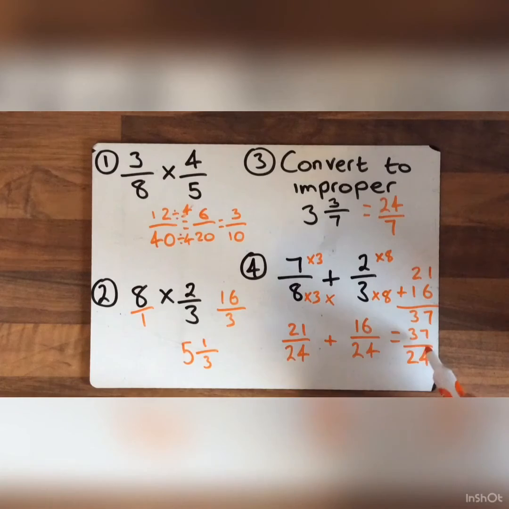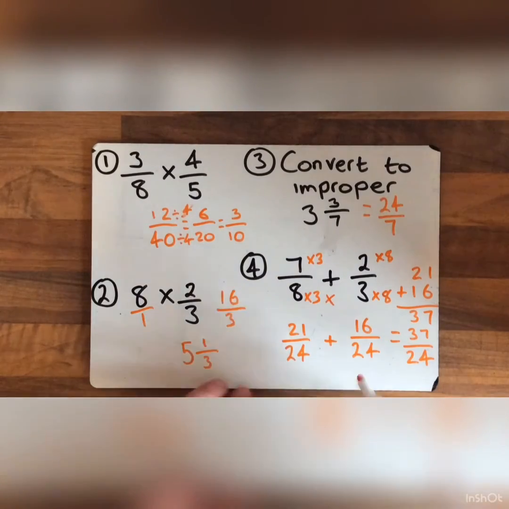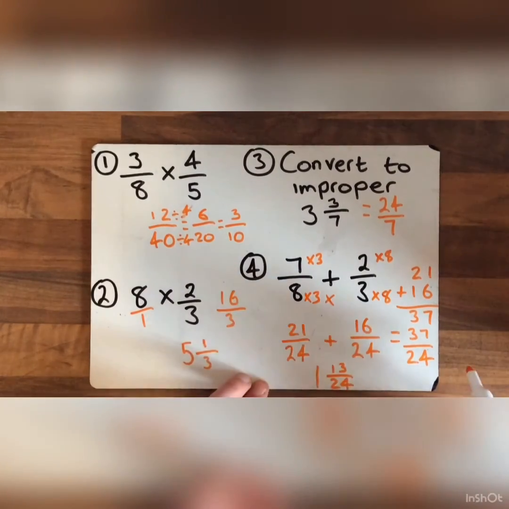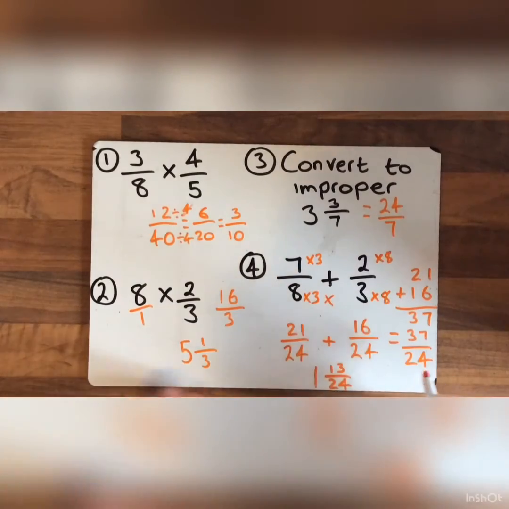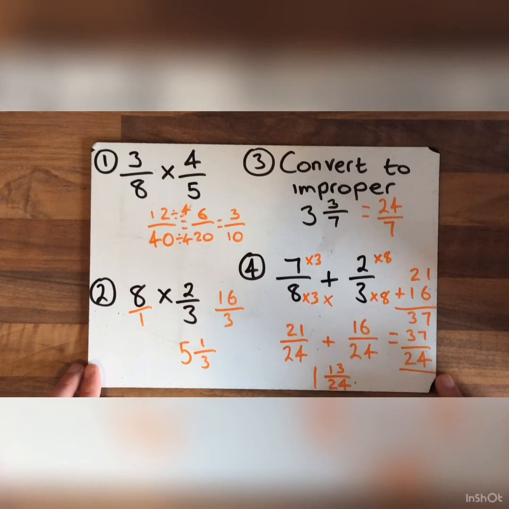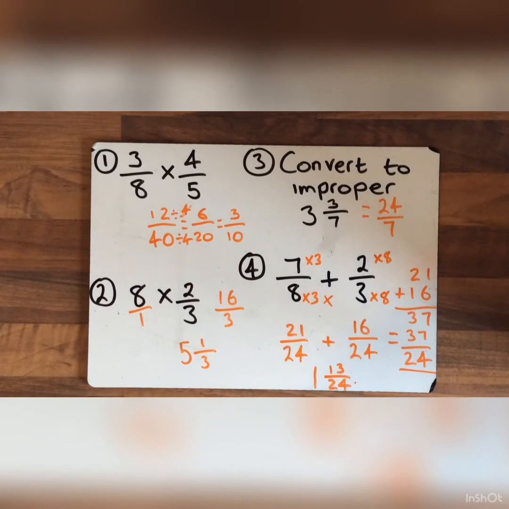If you have got this as your answer, you've left it at that, well done, because you've got it right, but it can be simplified. So how many 24s go into 37? I'll do the answer down here. It's 1. What is the difference between 24 and 37? It is 13 over 24, which cannot be simplified. So remember that this answer and this answer here are identical to each other. It doesn't matter which one you put.